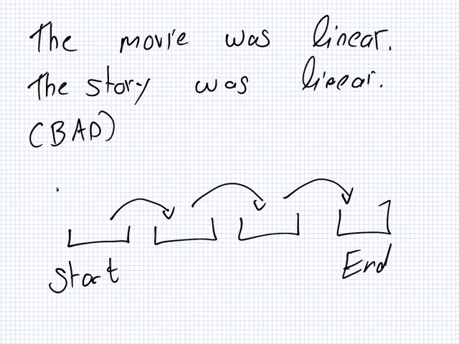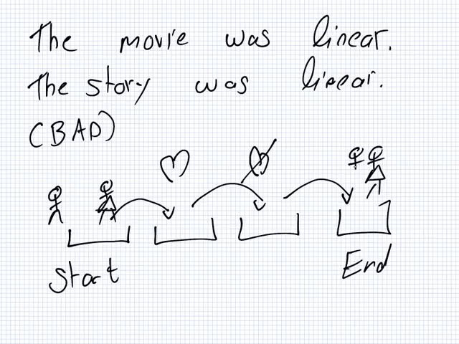So for example, you have a boy and you have a girl. What happens next? And then maybe they break up. And then, of course, what happens at the end? Back together. So by linear, we mean it as bad.